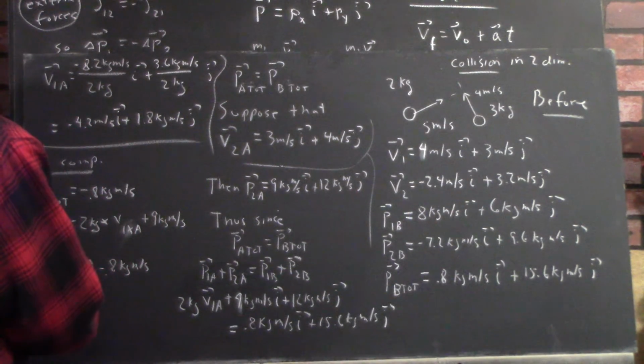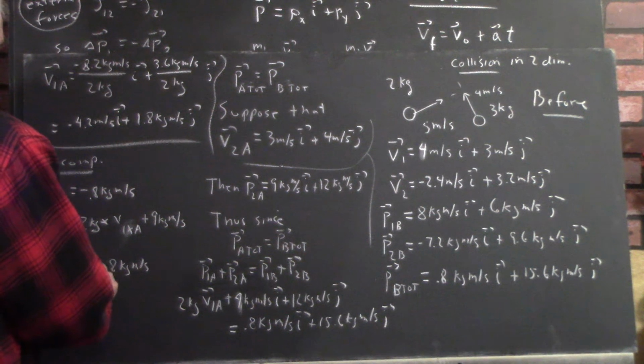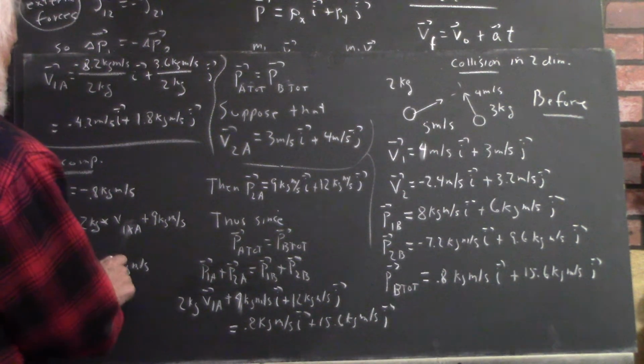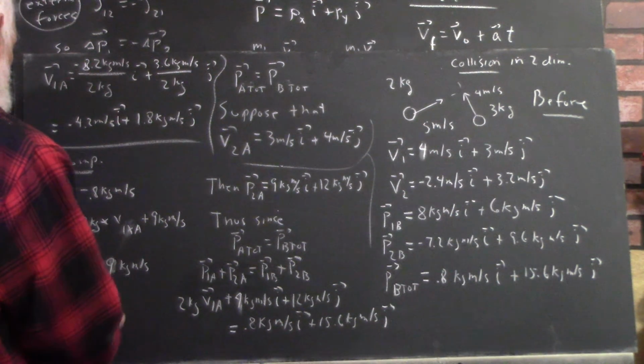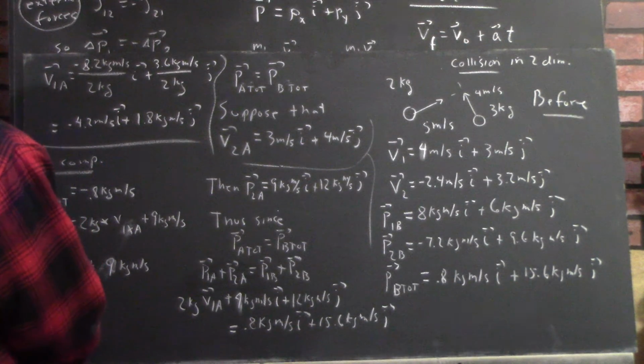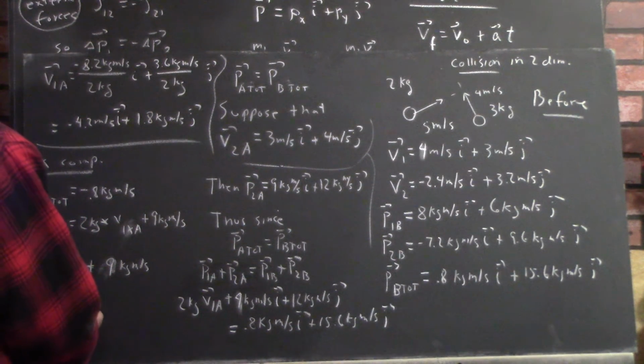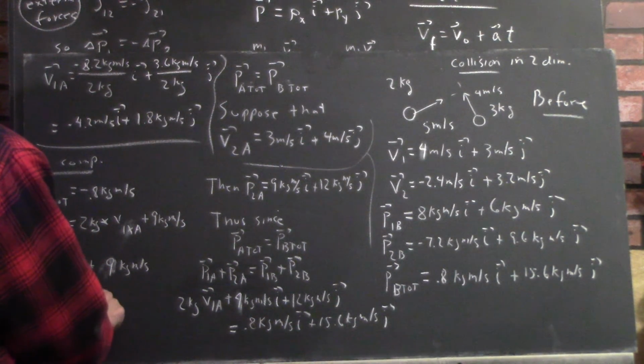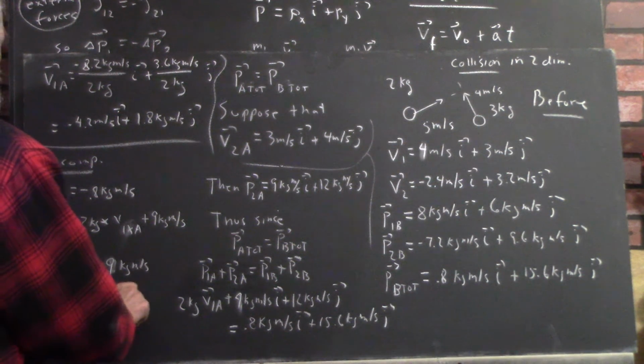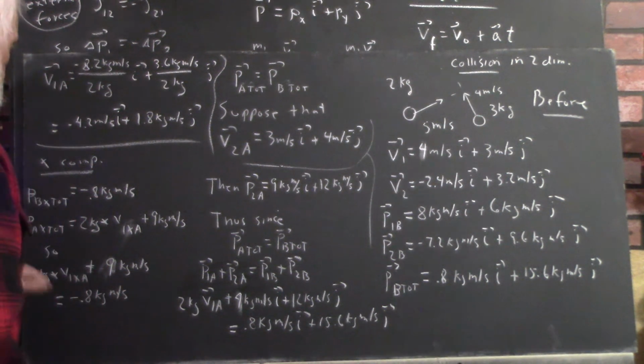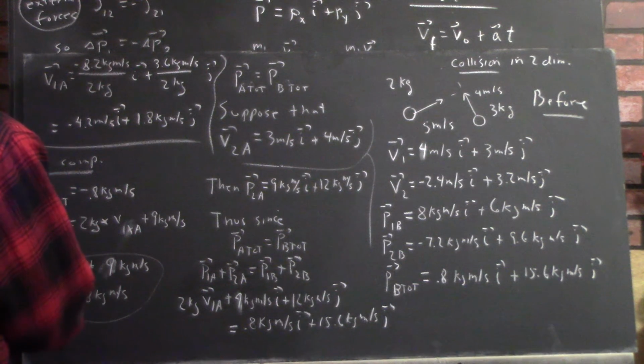So I change my equal sign to a plus. Get rid of that minus and that decimal. Make that 8 into a 9. And this equals your negative 0.8 kilogram meters per second.